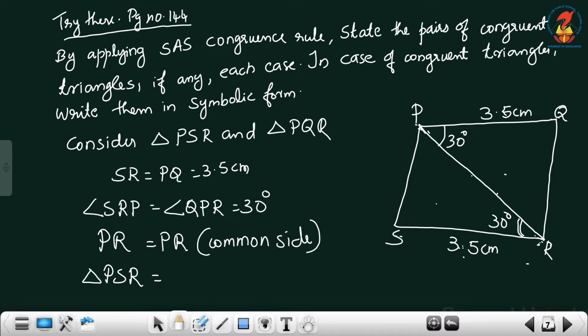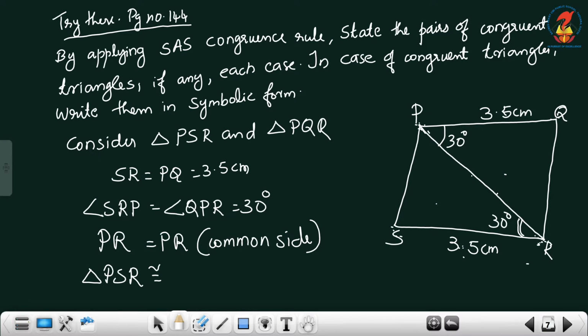Okay. Then you can write triangle PSR is congruent to, then how can you write it? PSR. First you start from this vertex P, then S, then R. The same thing, you just start from where?